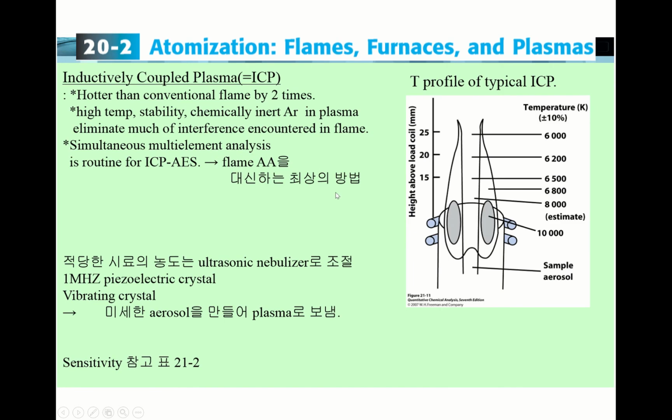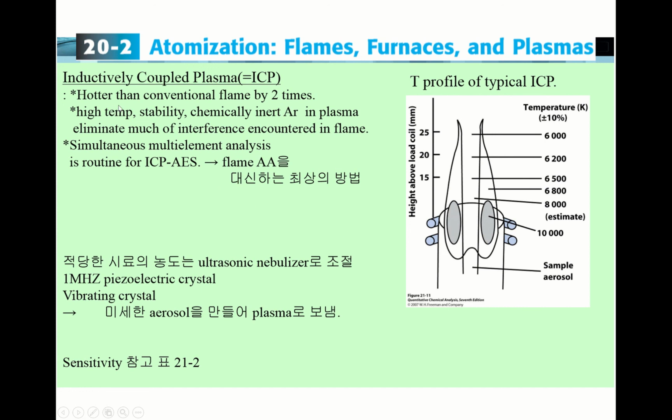Now let's consider inductively coupled plasma. This is a very sensitive technique, although this instrument is very expensive. Why is it so sensitive and so stable? Because the temperature is very high. Look at this temperature profile of a typical ICP.